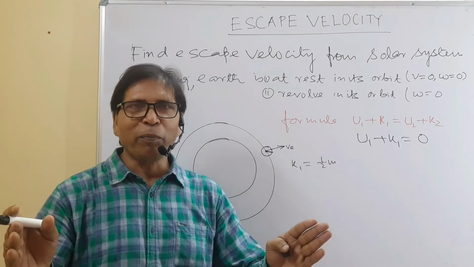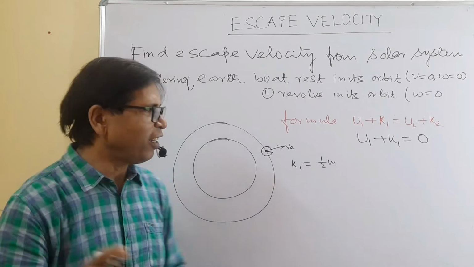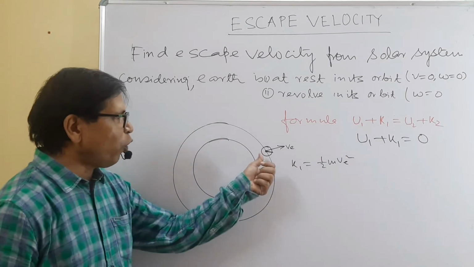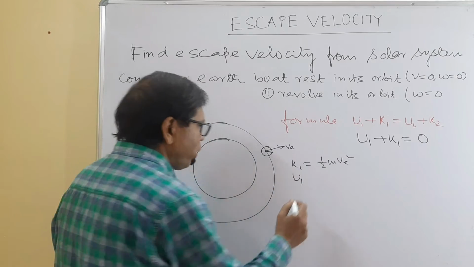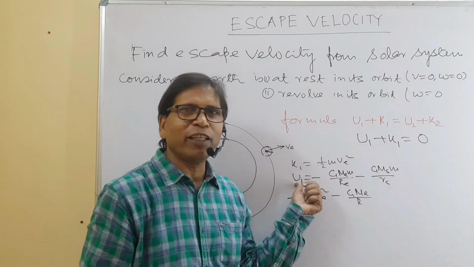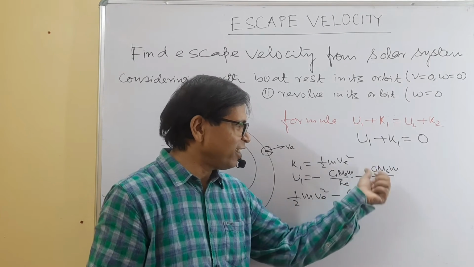Suppose the escape velocity of a particle from the solar system is V. Therefore K1 equals half m v square. Now what is the potential energy? Potential energy due to Earth and due to Sun. Now potential energy due to Earth is this and potential due to Sun is this.